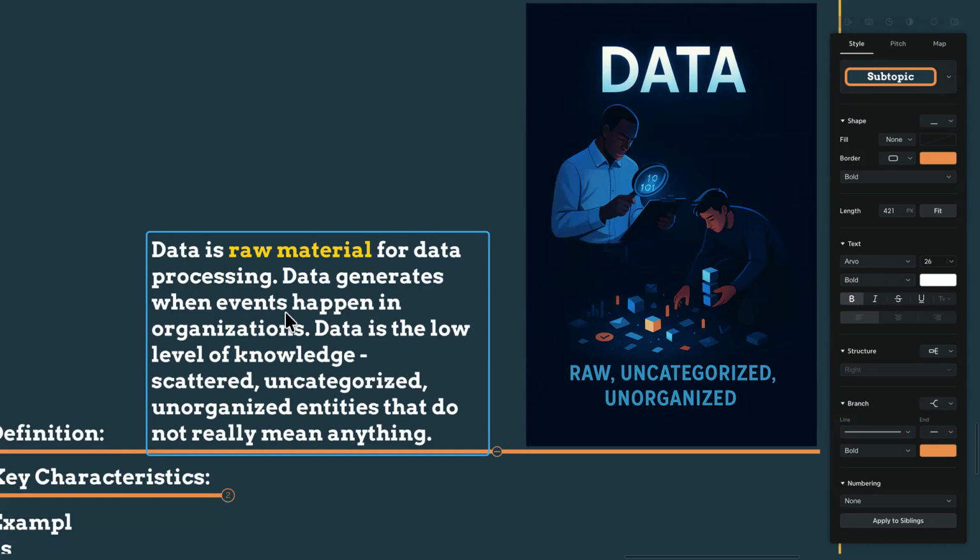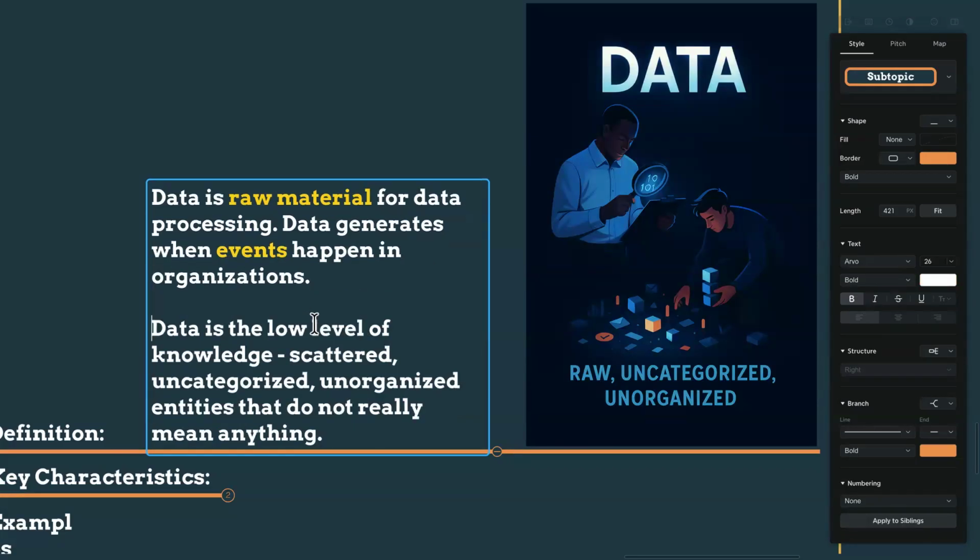Data is generated when events happen in an organization. It can be transactions, or anything, any event that happens, and we can collect the data. And data is a low level of knowledge. What's the meaning of low level knowledge? Because it's not organized yet. It's here and there, actually.